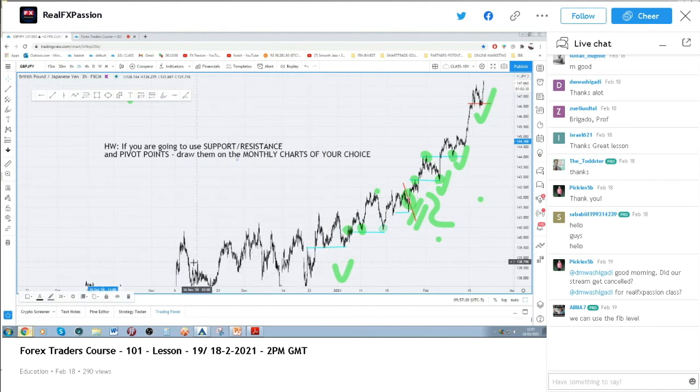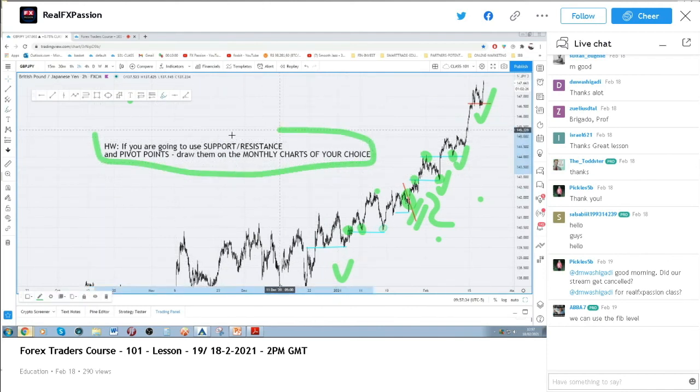Okay, everybody, this is the homework. You are in a course. If you are going to use support, resistance, and pivot points, draw them on the monthly charts of your choice. Okay, and if you're in doubt, just send me the picture.